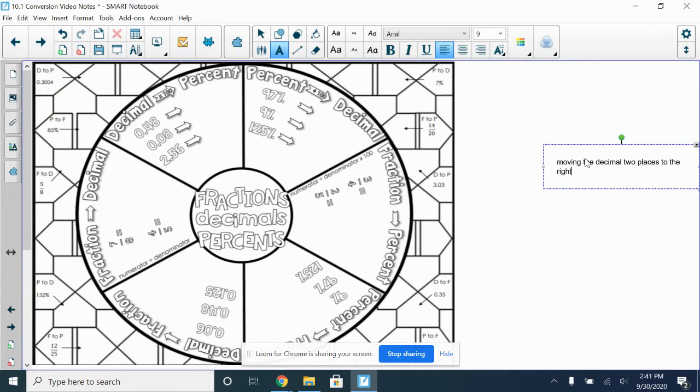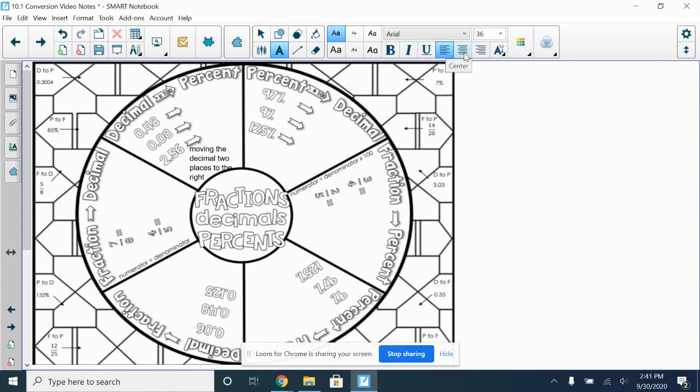So times 100 is the same as saying you're moving it 2 places to the right. We're going to put that right there.